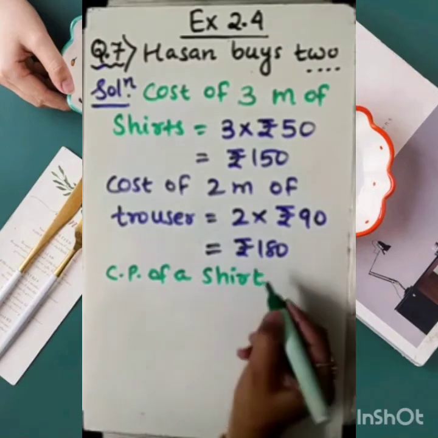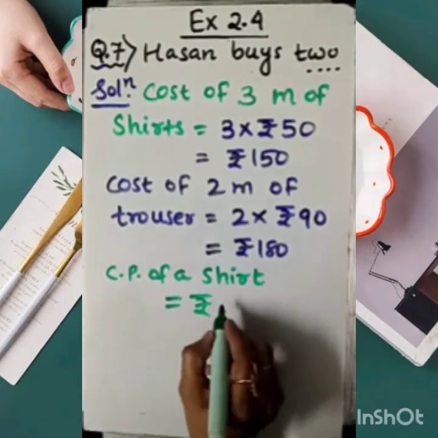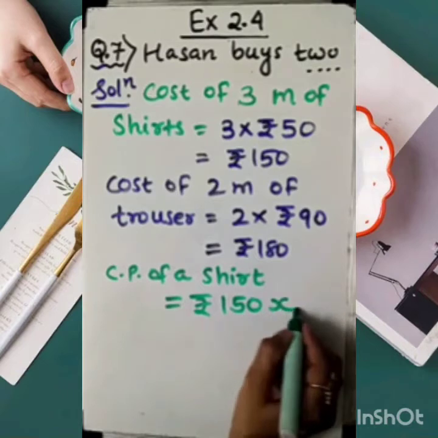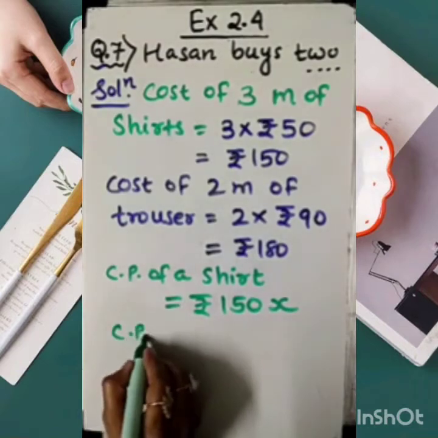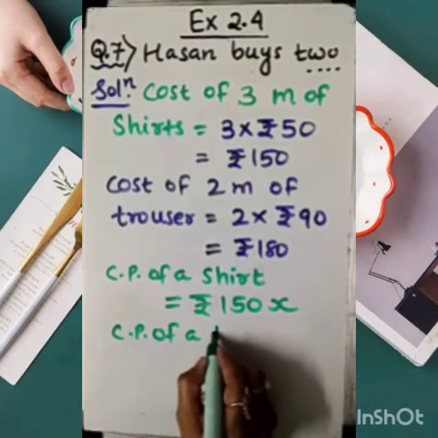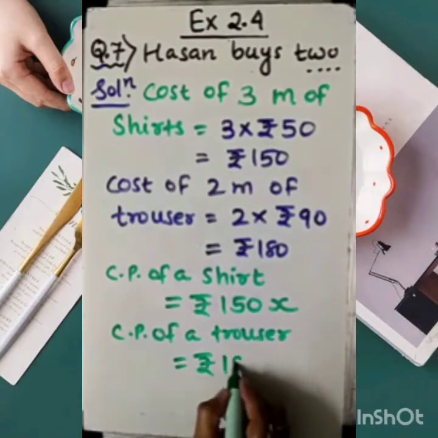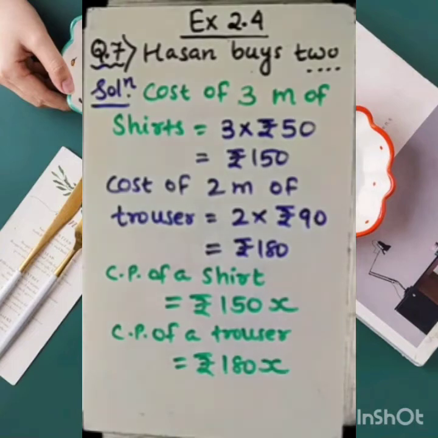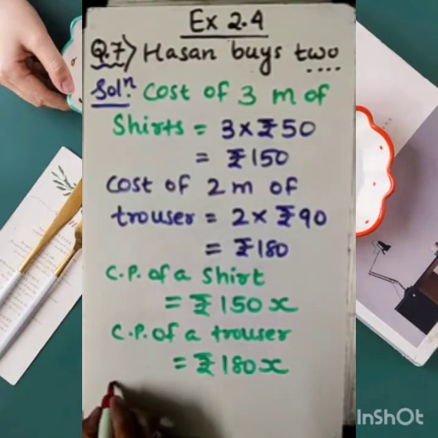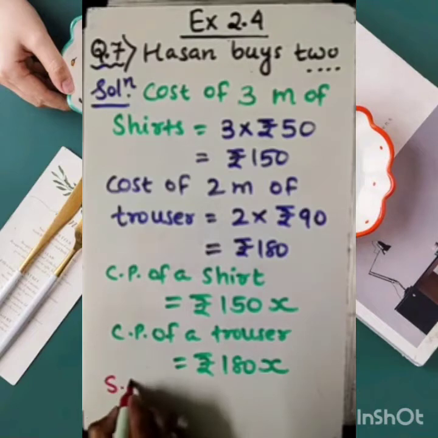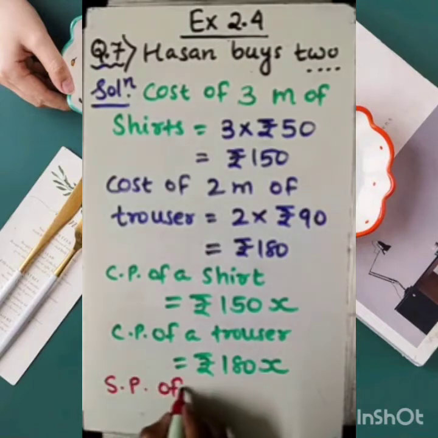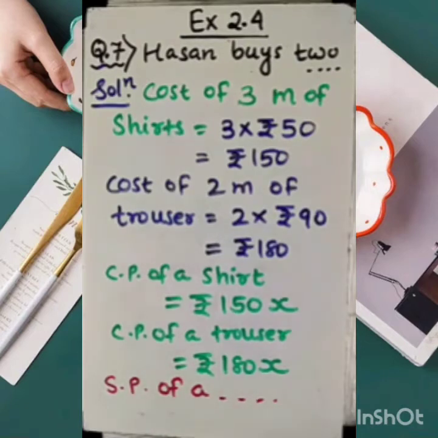The cost price of a shirt we will consider as rupees 150x, and the cost price of a trouser as 180x. Okay, dear student, now we will use a famous formula to find the selling price, along with the percentage. We need to find the selling price one by one. I am solving it next.